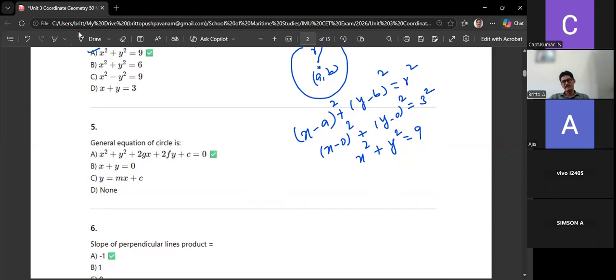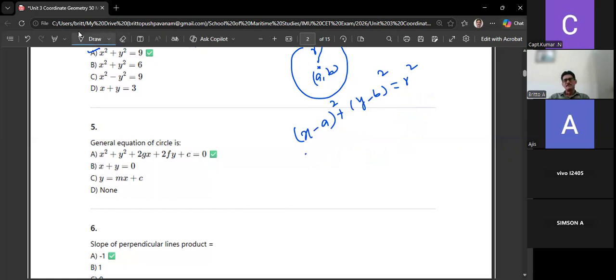When you expand this equation, you get this. For example, if you are expanding this equation, which one? That's x minus a the whole square plus y minus b the whole square equal to r square. If we expand this equation, you can get this general equation.